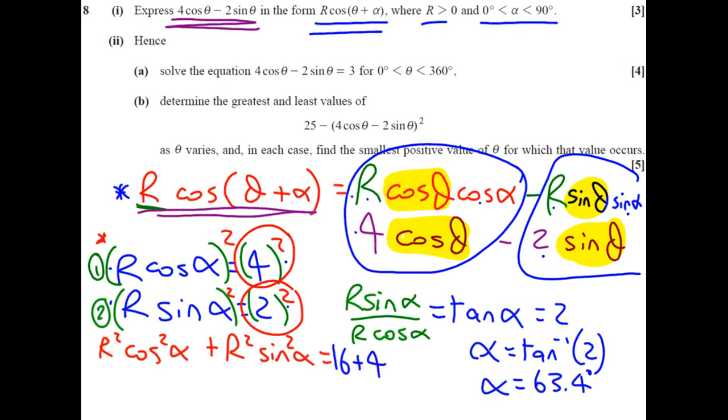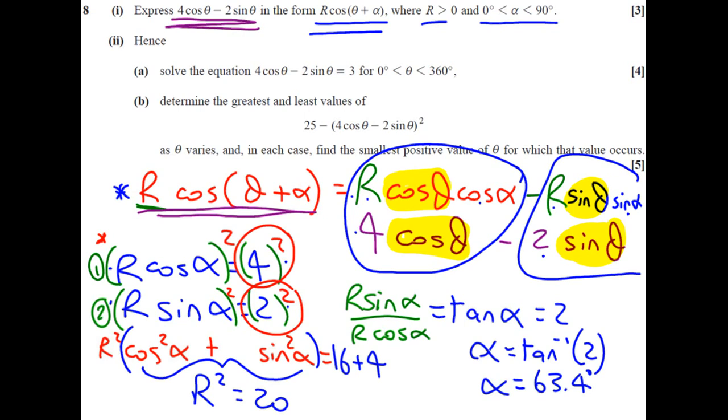Okay. Now the nice thing that you can do here is you can think you've got r here and r here, r squared. So you can actually factorize out r squared, and cos squared theta plus sine squared theta is 1. So you get that r squared equals 20.